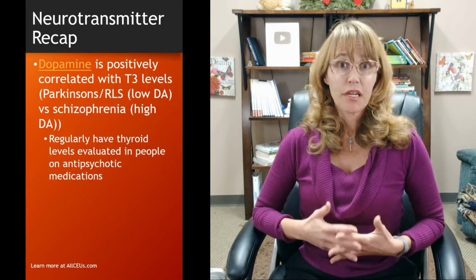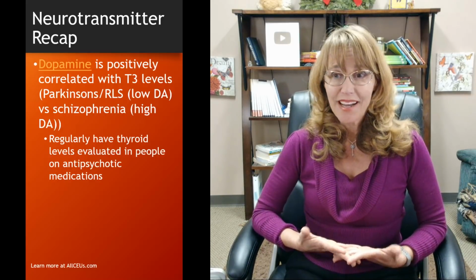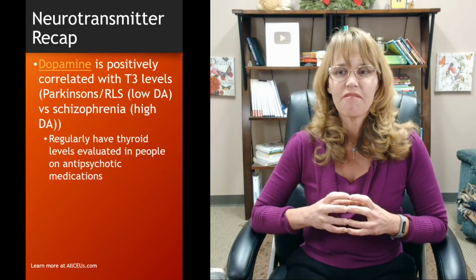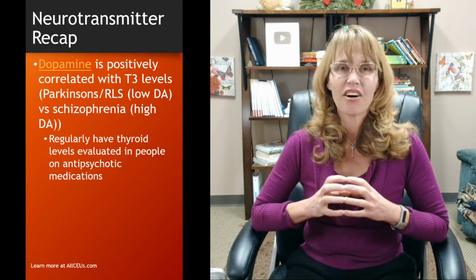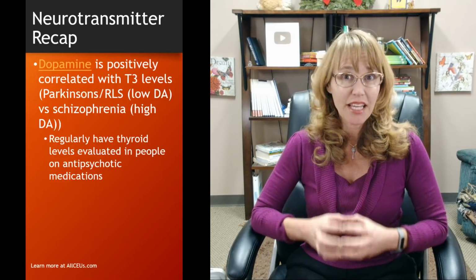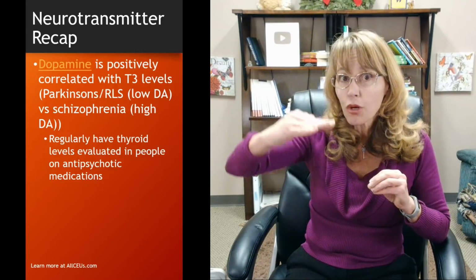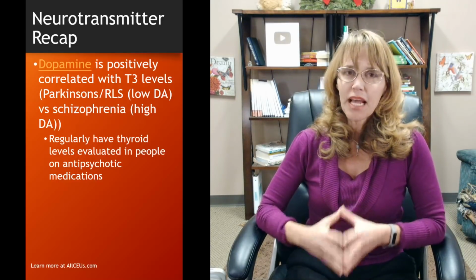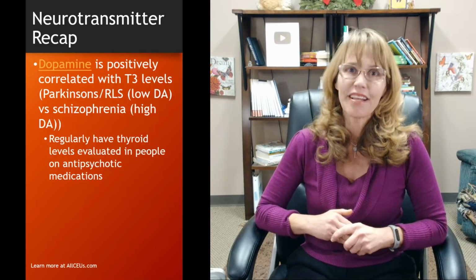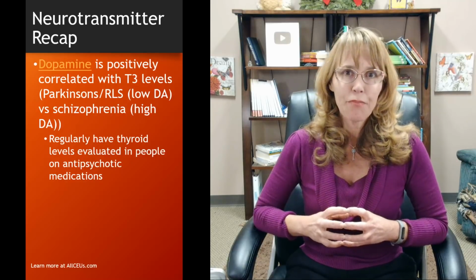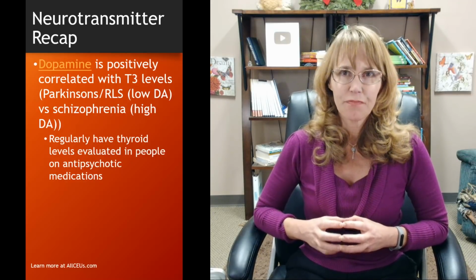It is important, and it is noted in the literature multiple times, that thyroid levels should regularly be evaluated in people on antipsychotic medications for that reason. Antipsychotic medications lower dopamine levels. And by lowering dopamine levels, we're also potentially inadvertently impacting thyroid hormone levels.